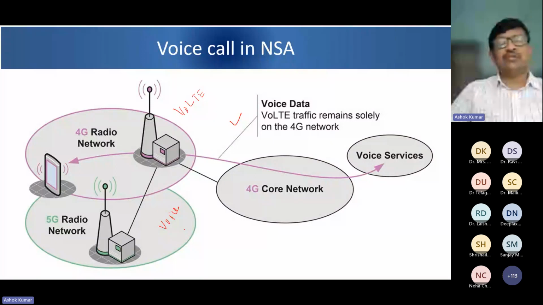Once we have SA mode of 5G and voice over NR, VoNR, ready, it can handle voice also. But in the NSA environment, voice will be handled by the 4G network itself.